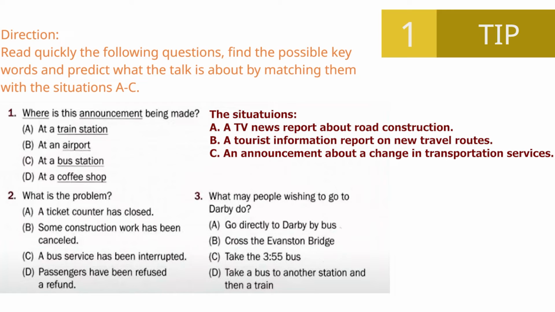Passengers who do not wish to travel by rail can get an immediate refund for the unused portions of their journey at our main ticket counter. We apologise for any inconvenience and hope you will continue to choose Speedy Bus Lines for your travel needs. Thank you. Number 1. Where is this announcement being made?